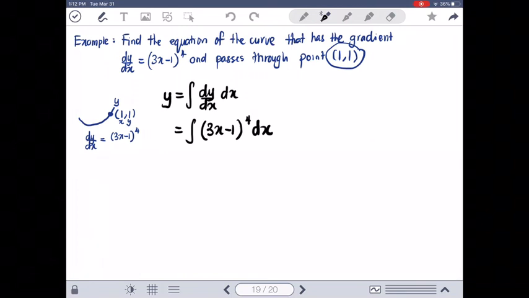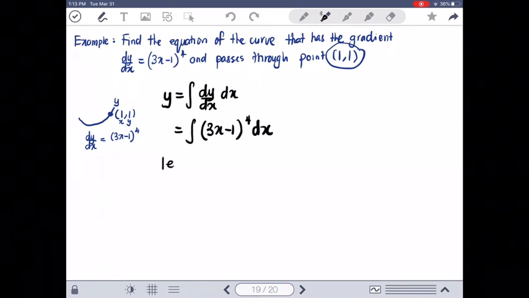Here, we need to use integration by substitution, because if we do not, we will need to first expand this equation, and only then can we integrate. But the thing is, expansion can be very tedious because this involves the power of 4. So instead of expanding and integrating, we use the substitution method.